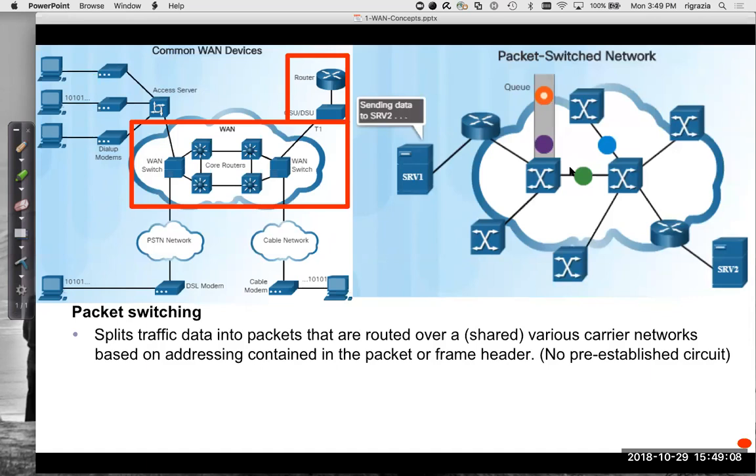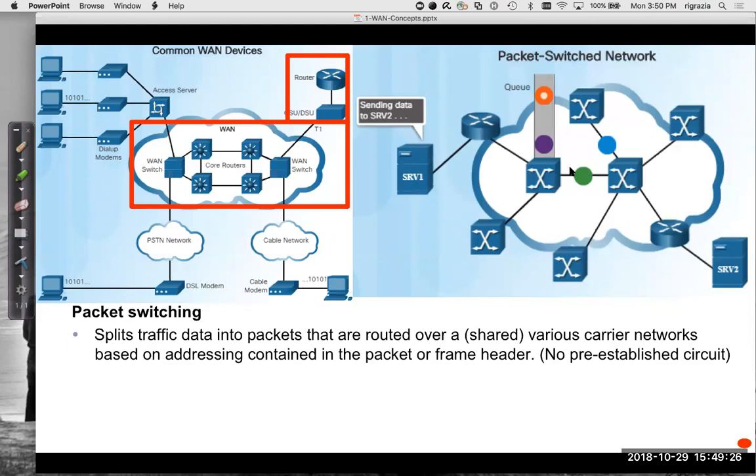So it's just like the roadway. When I leave my house to go to school, I don't get a lane reserved just for me. What I do is I share various roads with all the other cars. And that's basically what packet switching does.